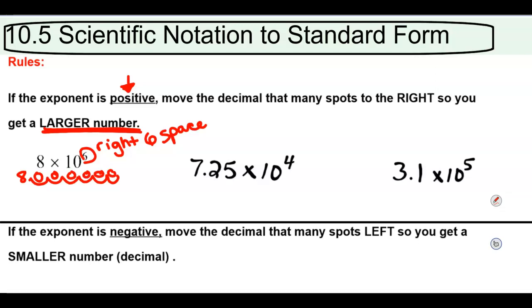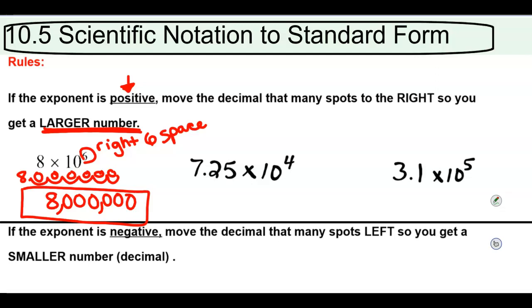Then I'm going to rewrite it on the bottom, nice and neat. 1, 2, 3, 1, 2, 3. And then I'm going to put my commas in. We start at the back of the number and every 3 digits, we put a comma. So my number is 8 million. That's my final answer. I was just doing the work.